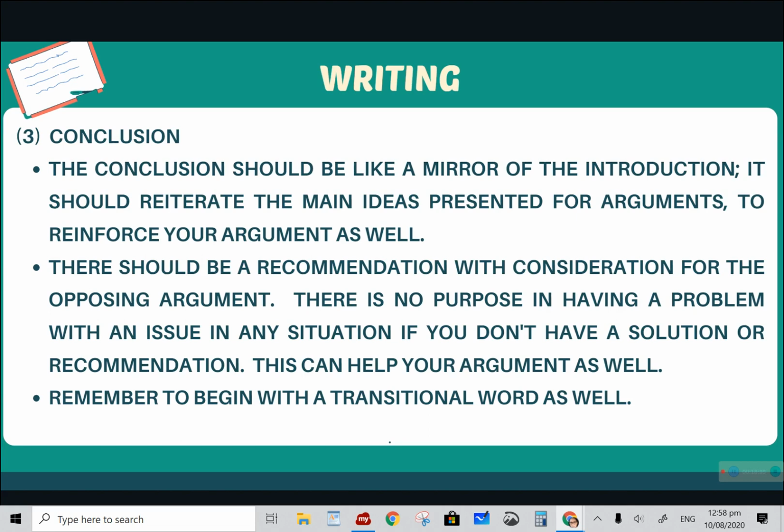Okay, there should be a recommendation with consideration for the opposing argument, because most students would know that there would be opposing arguments. Say for instance, for cell phones and other media devices, people can argue, especially in these times, that using laptops and other media devices would be helpful in school and out of school to get their assignments done, to reach parents in case of any emergencies.